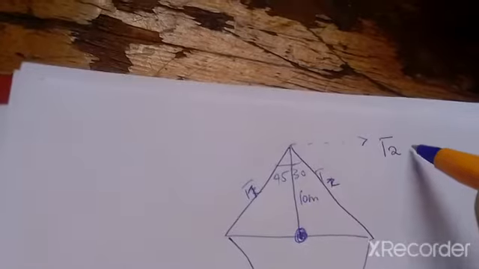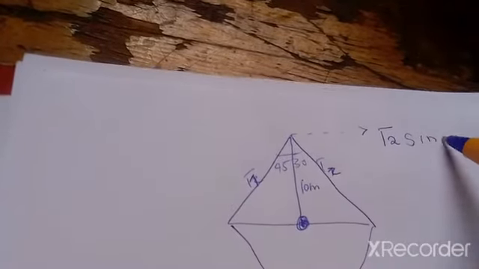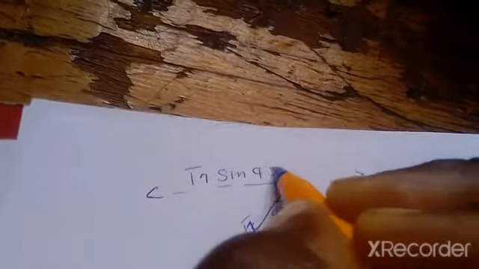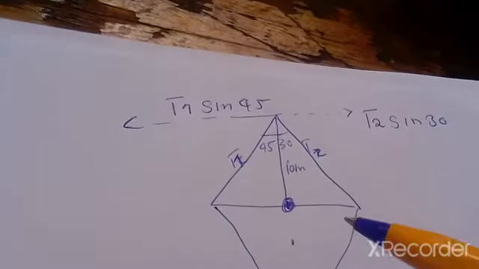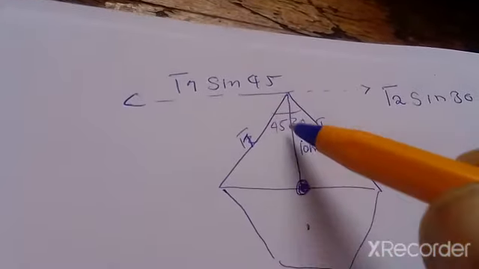This one will be T2 sine 30. This other one will be T1 sine 45, because we need the perpendicular forces. So we already have the distance here.